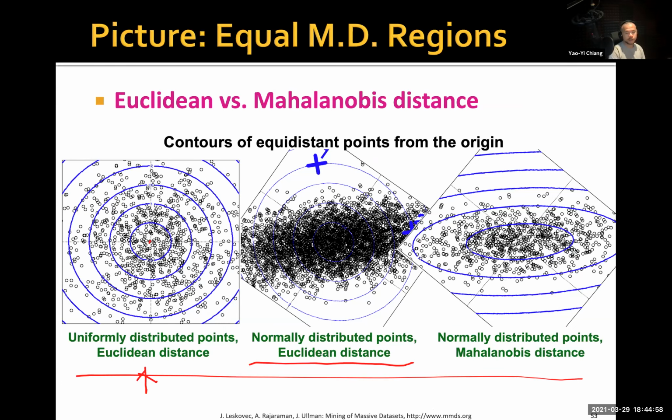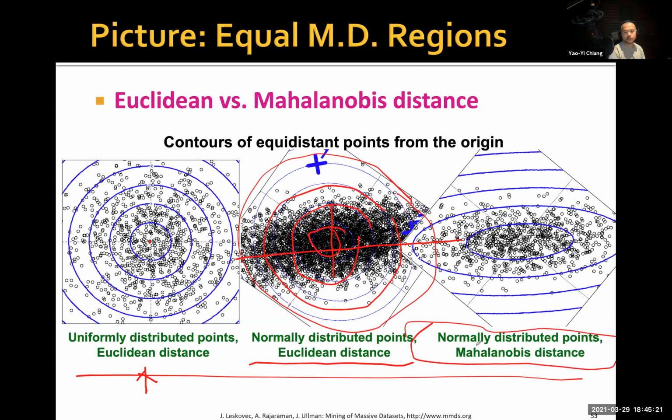Because this point set is more dispersed in the x dimension than the y dimension, your Euclidean distance still doesn't care and draws circles everywhere, and considers each axis, or each variable, in the same way. Your Mahalanobis distance, working on normally distributed points, divides the distance measurement x minus c by the standard deviation in each dimension.